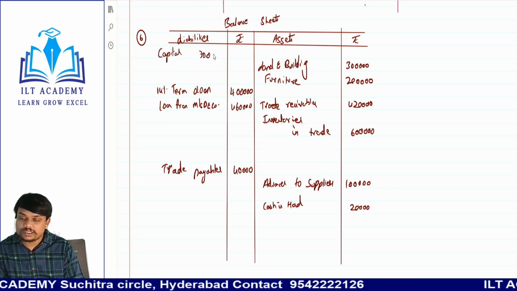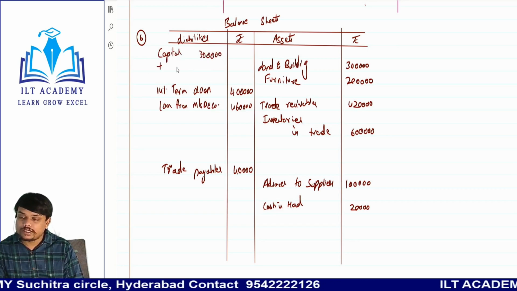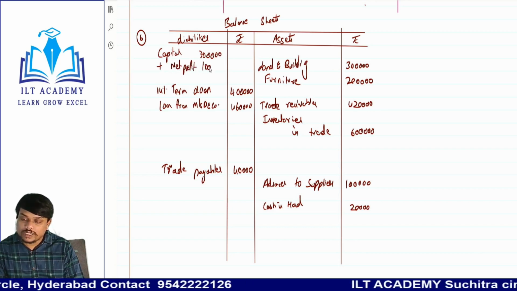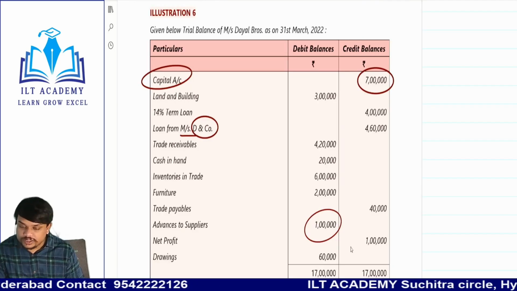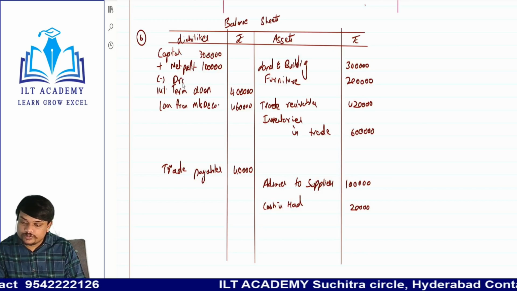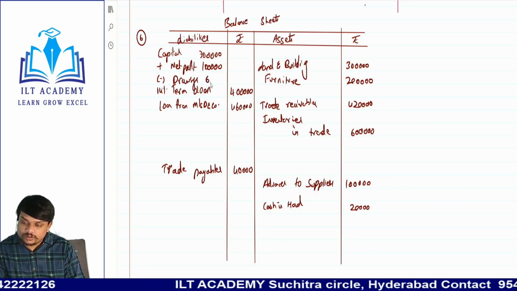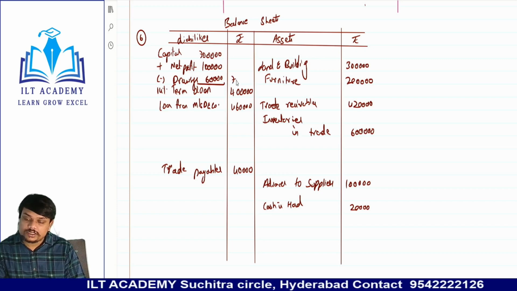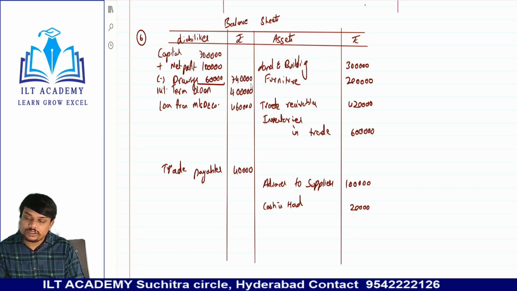Capital is 7 lakhs. Add net profit 1 lakh. Next we are having minus drawing 60,000. 7 plus 1, 8. 8 minus 60, 7,40,000.